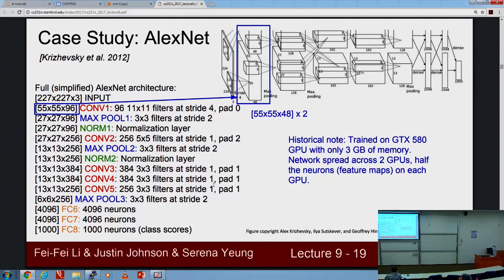Well, if my output of the first convolutional layer is 96 channels, I put 48 filters in one GPU, and 48 filters in the other. They both start with the same input and output their corresponding results. Is that output identical to doing this in one GPU?